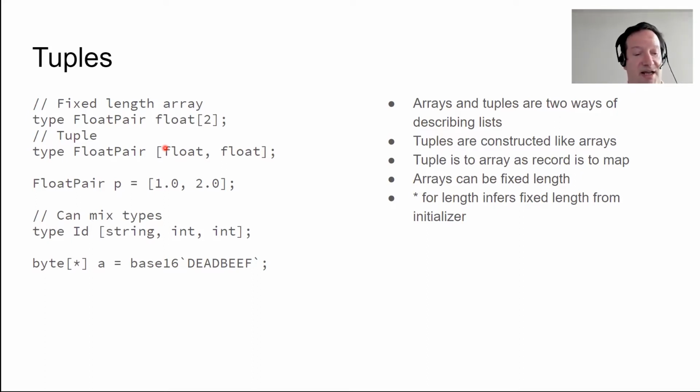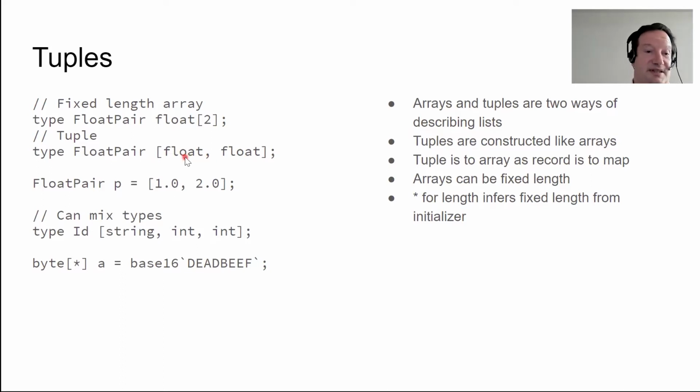With an array type, you are giving one type, which applies to every member of the list. With a tuple type, you are specifying individually the types for each member. So if we have this type here, that's the same as a fixed length array. So that's a float of length 2 is exactly the same. We can write it in this syntax too.